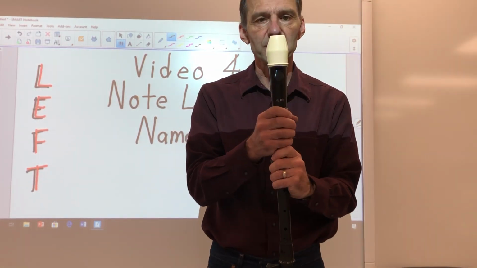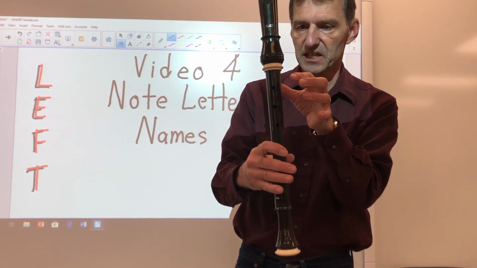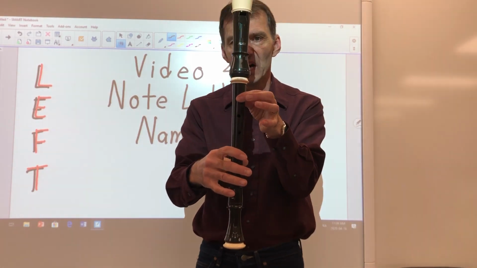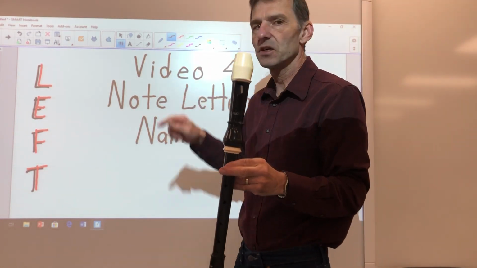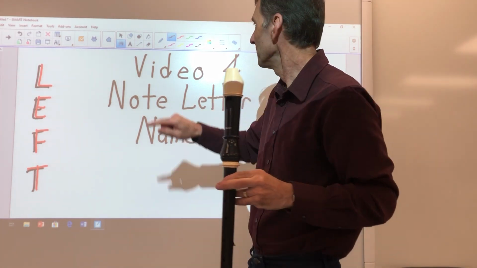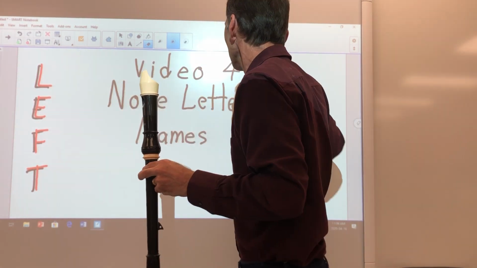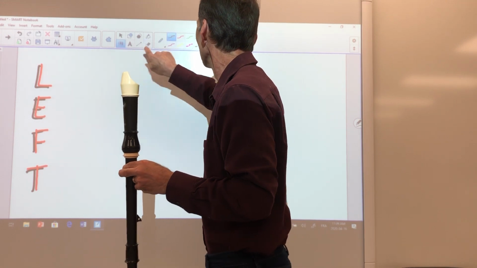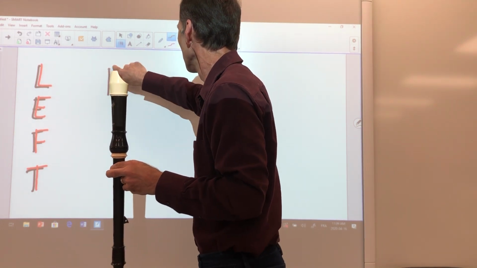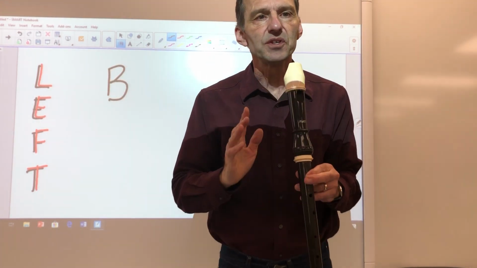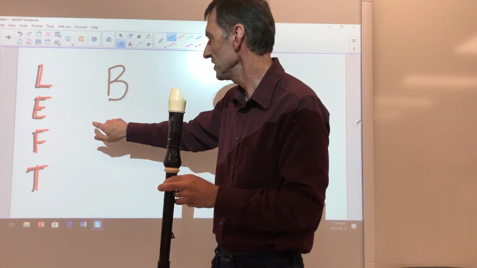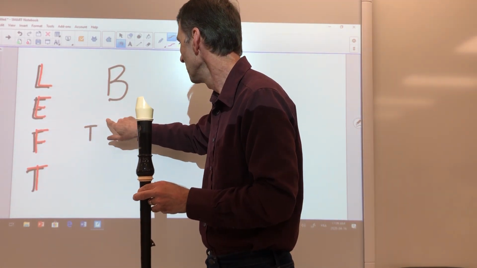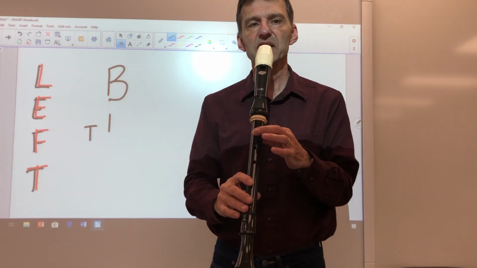So let's get on with letter names, and we'll be using three of them today. On your recorder, the note that is the thumb and one finger, we are going to call B. The note B was the one that you played with your thumb and one finger.